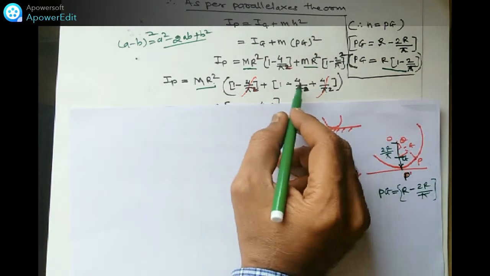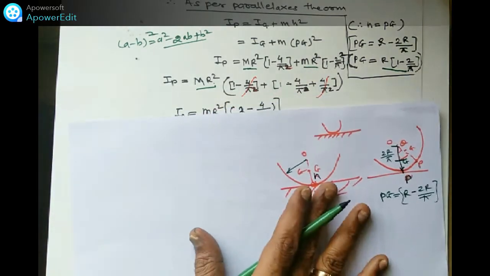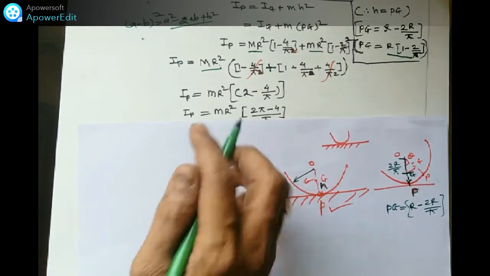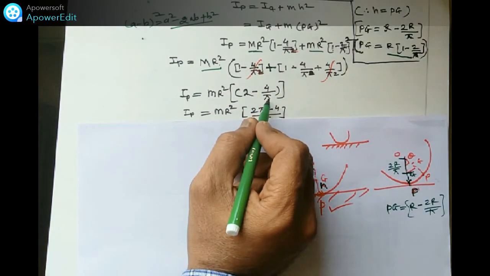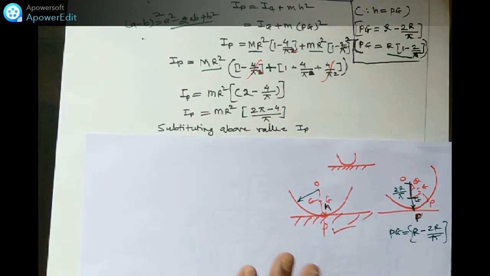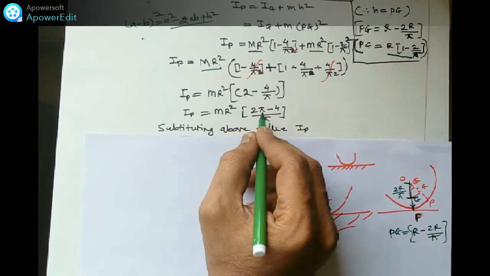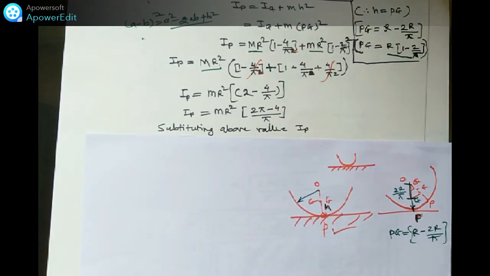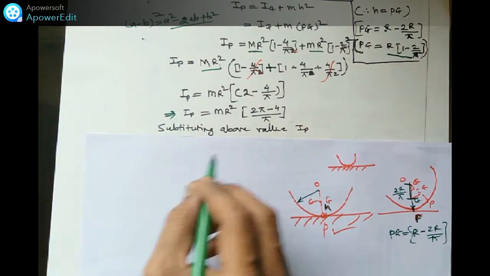Here is the addition, so 1 becomes 2, and the answer becomes 2 minus 4 by pi. So Ip becomes, rewriting, mr inside the bracket, 2 pi minus 4 upon pi, total upon pi. This is equation 2, and we substitute this value of Ip into omega n.